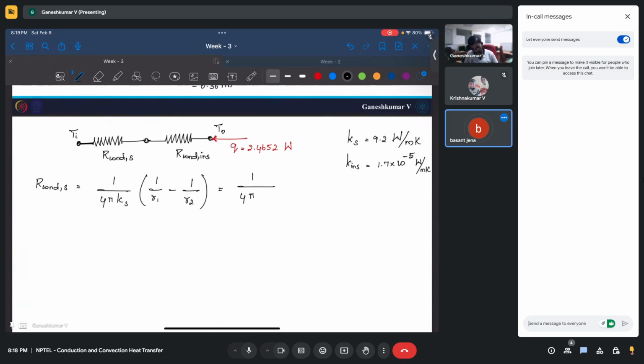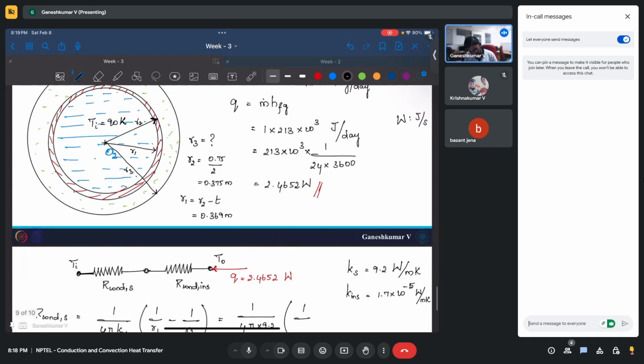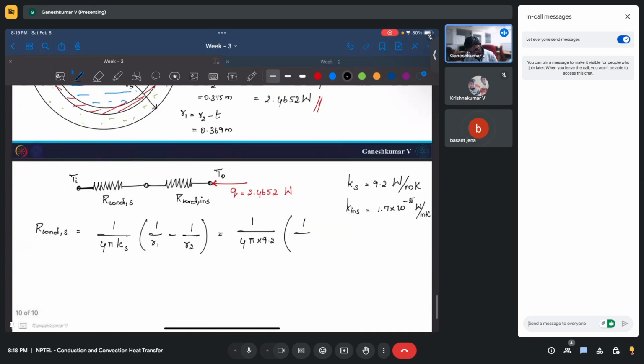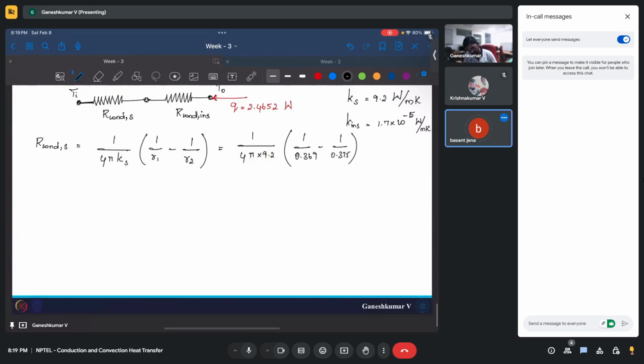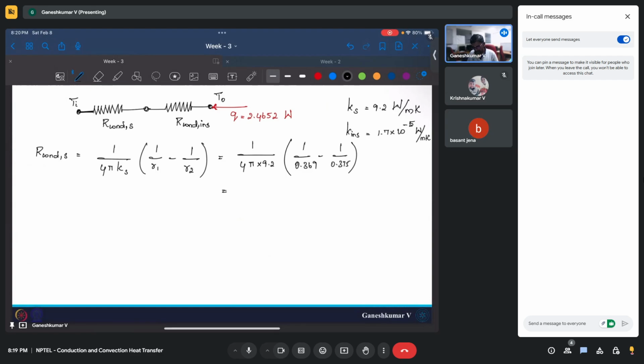If I'm substituting here, 1 divided by R1, R1 is 0.369 meters and R2 is 0.375 meters. How much is this coming out to be? It will be very less only.